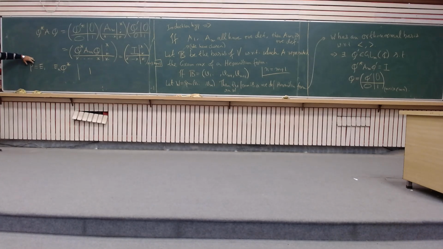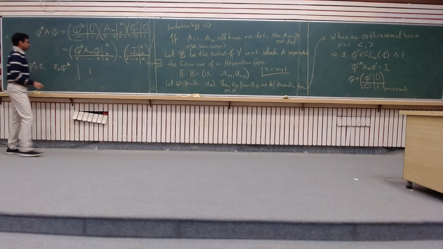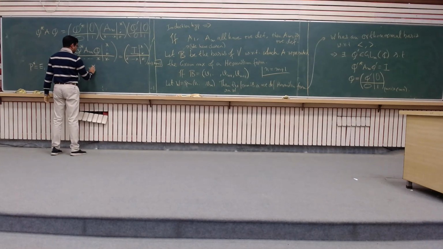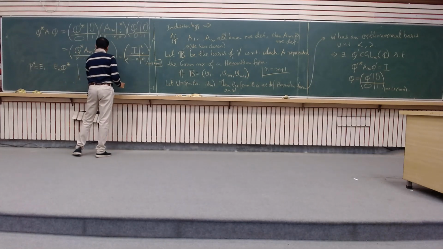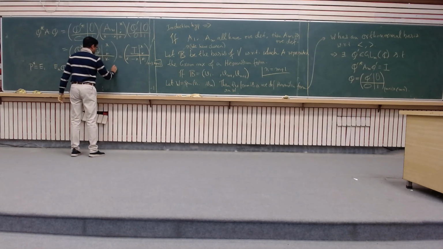Let's define rather this to be P star. Okay. I mean, we can of course define it as P star, where P would be just the bar transpose of this. So that would imply that P star A P would be of this form.